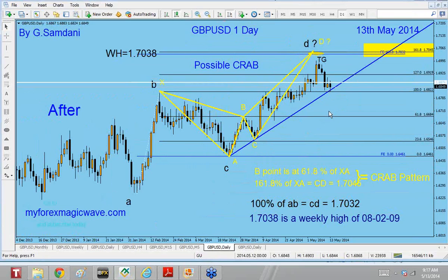Rather, wait for the fourth wave to finish, and then you trade wave 5. So let's say it is wave 1 and 2, and then this whole extension up to 1.618 is basically wave 3, followed by wave 4, and then you go up for wave 5. This is my observation.